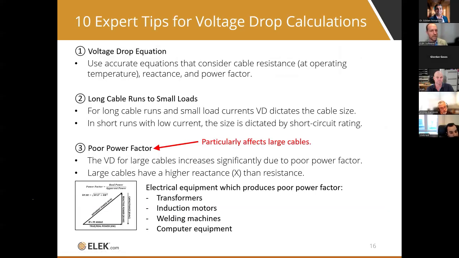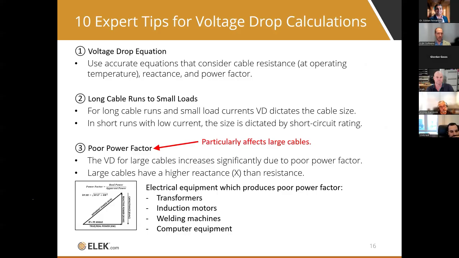So here I'm going to give 10 expert tips for voltage drop calculations. Hopefully you learn something. Tip 1, voltage drop equation: always use the accurate voltage drop equation that considers cable resistance at operating temperature, reactance, and power factor. Tip 2, for long cable runs, voltage drop usually dictates the cable size.